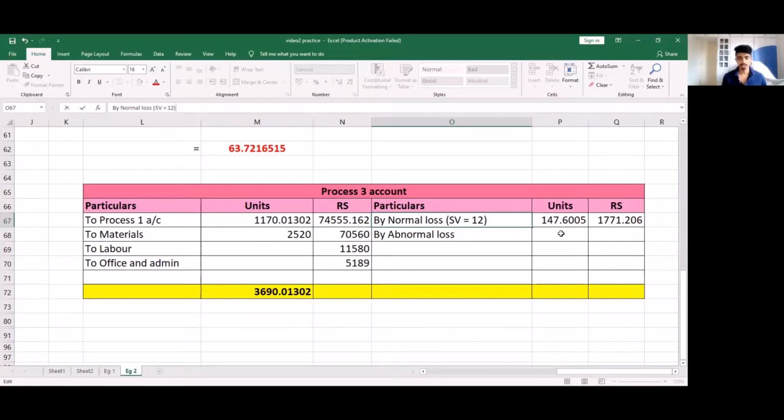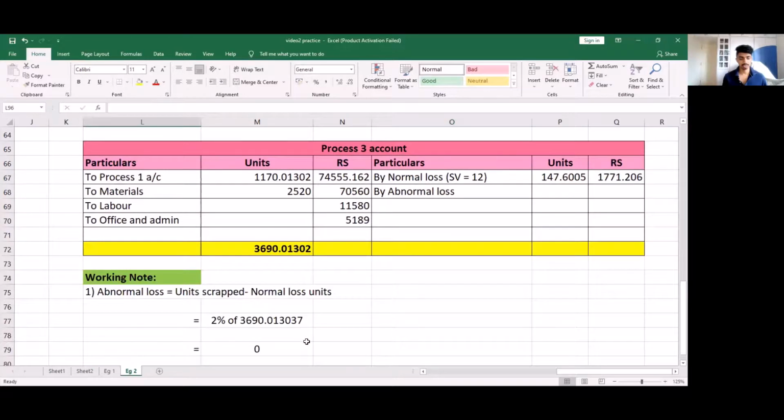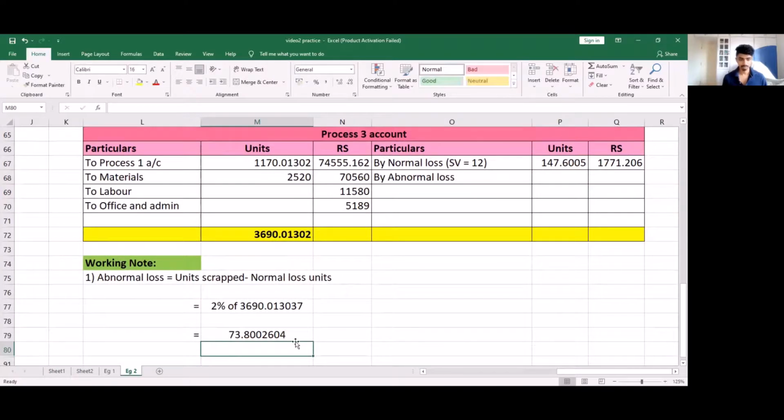Coming to abnormal loss, calculating the units, we do 2% of 3690. So we already saw that unit scrap is 6% minus 4%. So we're directly doing 2% of 3690.01. So this gives us 2% of this value.